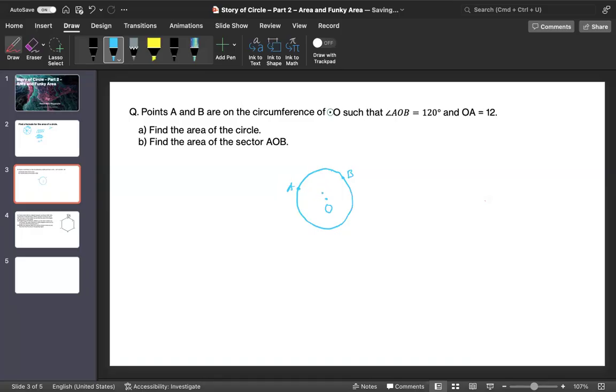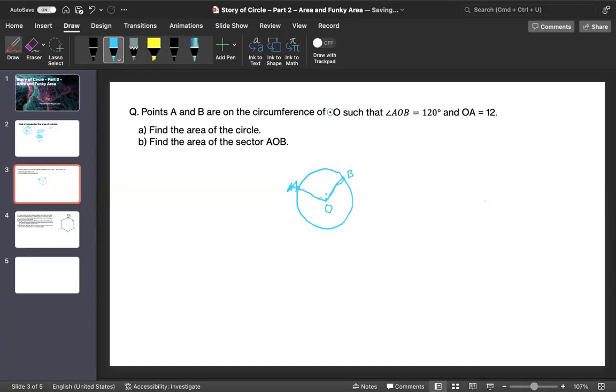We know that AOB is 120 degrees. Notice how it's going to be so easy if we draw a little sector over here, because that's what the second part is.